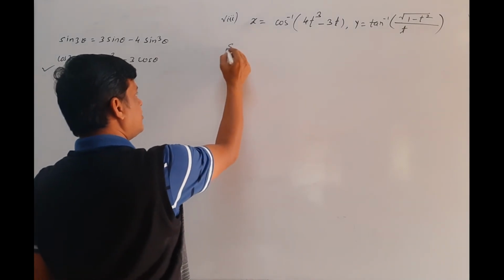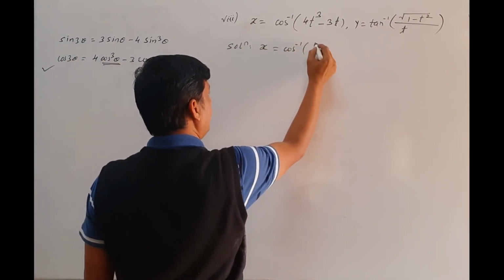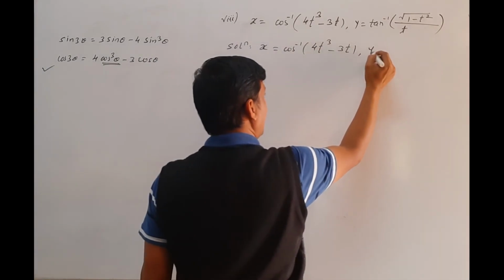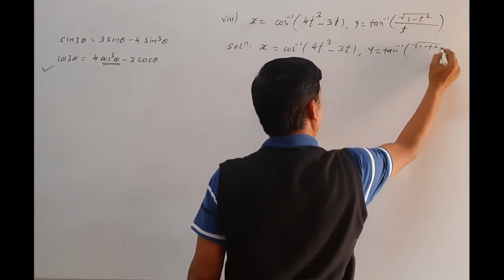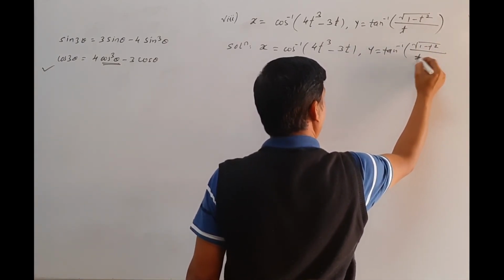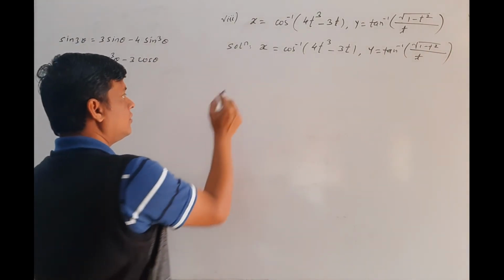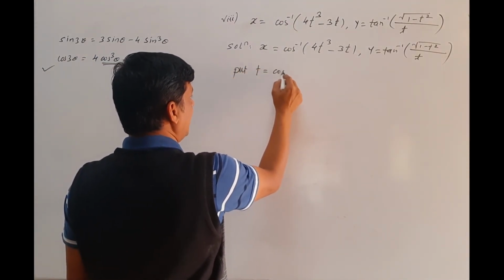So write in the solution first. x equals cos inverse of (4t cube minus 3t). y equals tan inverse of (root of 1 minus t square) upon t. This problem is based on substitution. So put t equals cos θ.